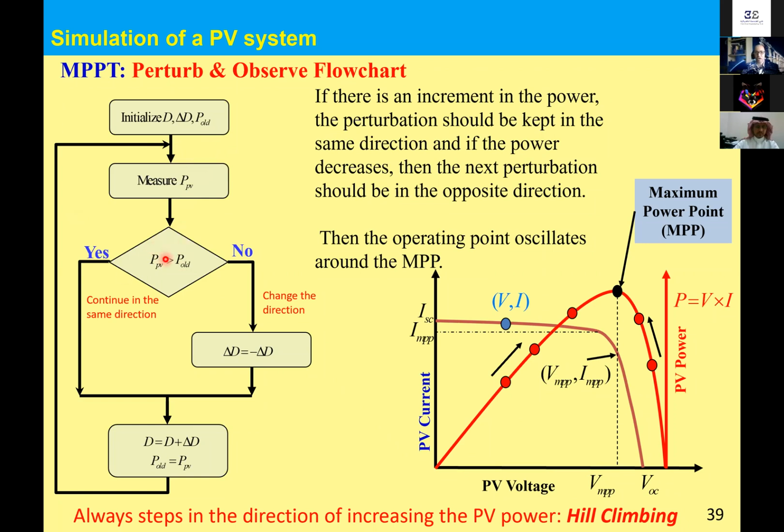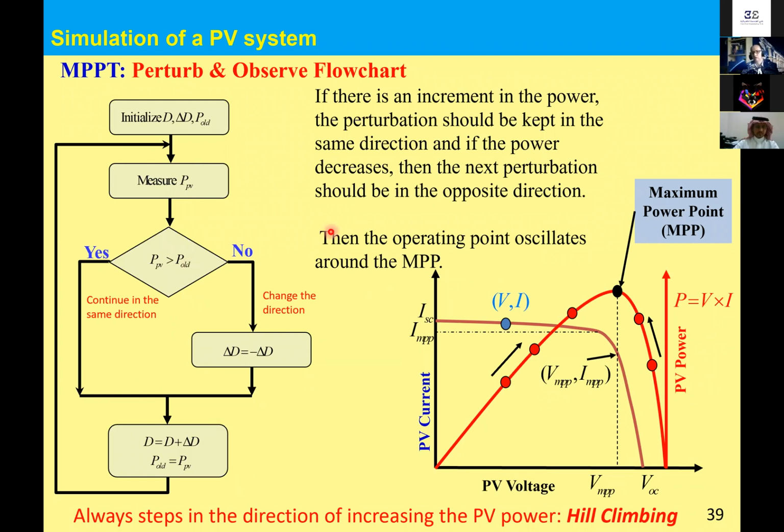If the actual value of the power is bigger than the old value of the power, we have to increase the parameter. And in the contrary case, we have to decrease the parameter. And this process is continued until arriving at the maximum power.